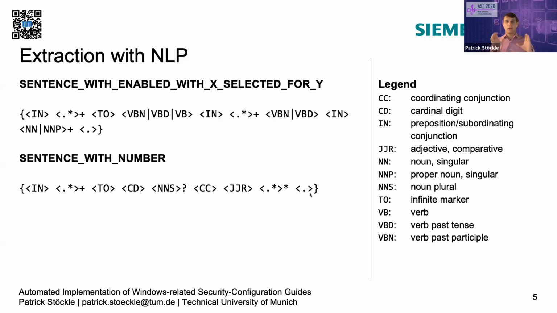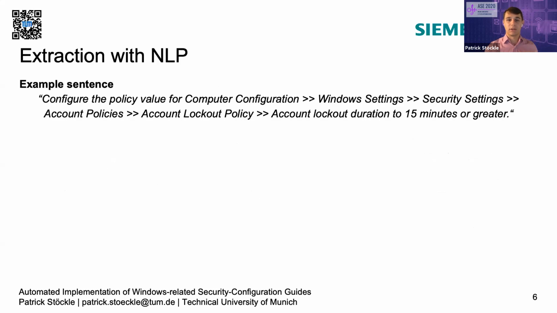And we can specify those rules and use them to extract the important values we need in the security configuration guide rules. Let's talk about this in an example. We have this example sentence from an actionable guide. The sentence is like, configure the policy value for computer configuration and so on and so forth to 15 minutes or greater.